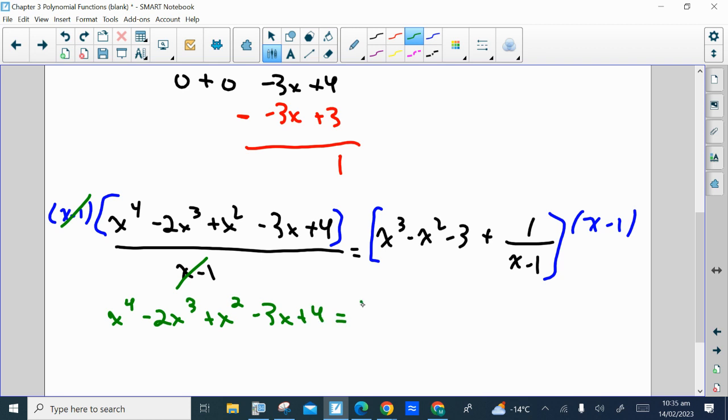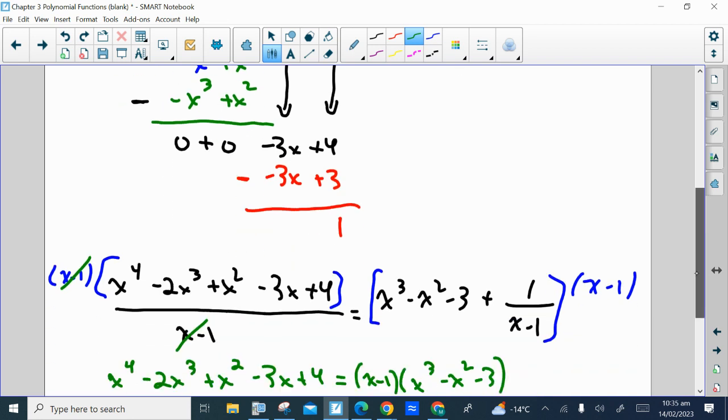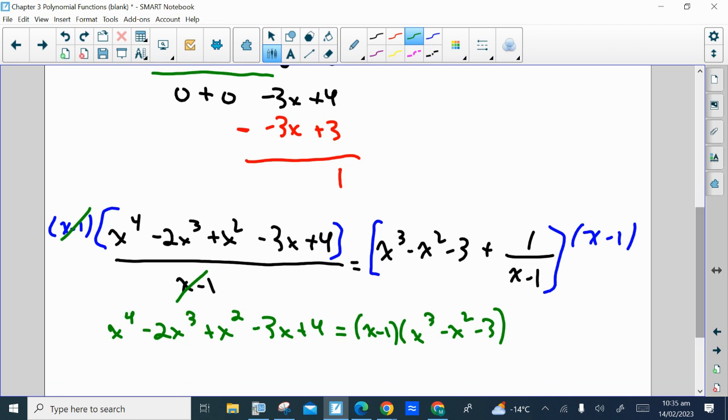So on the right, there's two parts that need to be multiplied by x minus 1. The first being our divisor, our answer. And notice that there is no x term in there, and that's fine. It's just a result of when we subtracted here, both of these canceled. And so that's why there is no x term in our answer. Also, the x minus 1s will cancel there, which will just leave us with a plus 1.